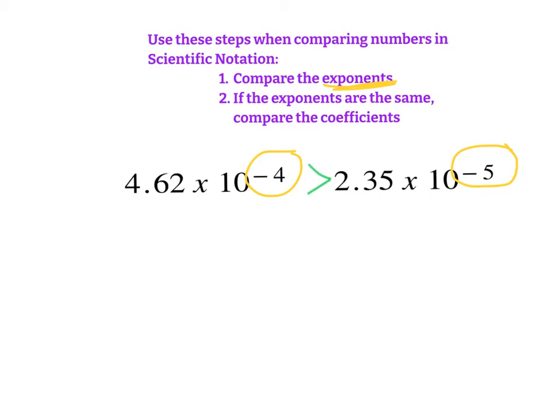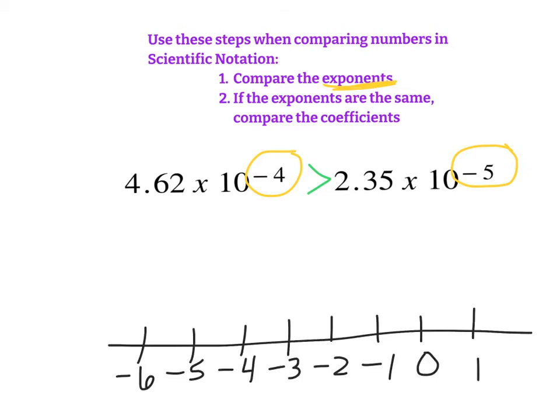I'm going to say -4 is greater because it's closer to 0 on a number line. So here's a quick number line. Here's -4 and here is -5. Do you see how -4 is closer to 0 on the number line? So -4 is the greater number.